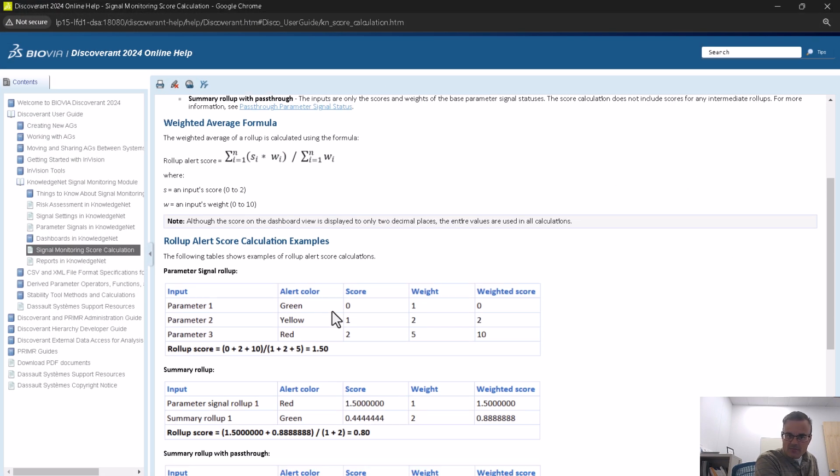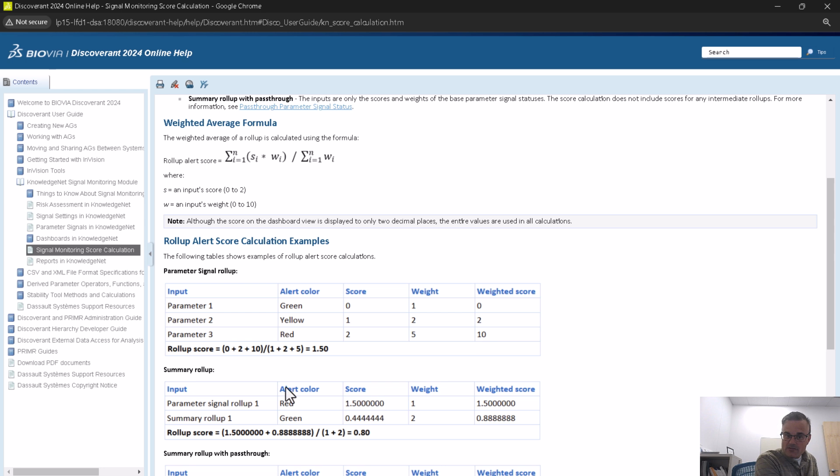So here's an example where this parameter had no alerts, so its score was 0, but it had a weight of 1. Here's one where the score was 1, it had a weight of 2. So you multiply these two together, so 0 times 1 is 0, 1 times 2 is 2, 2 times 5 is 10.